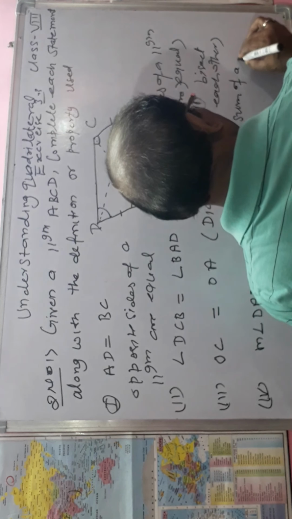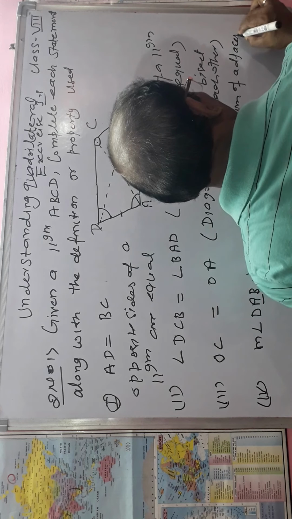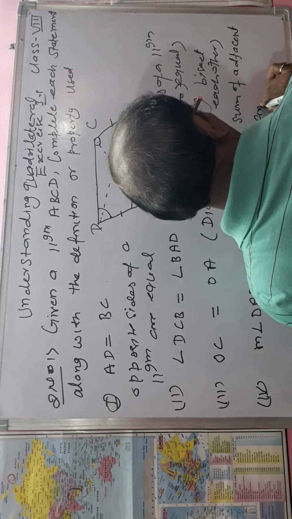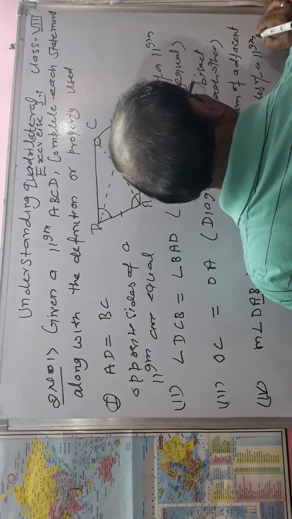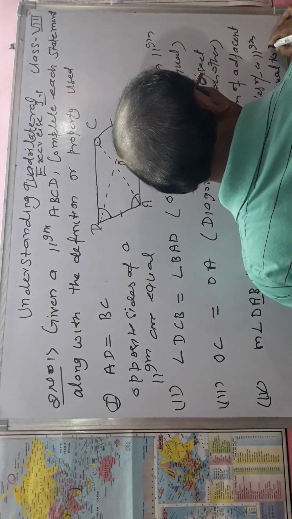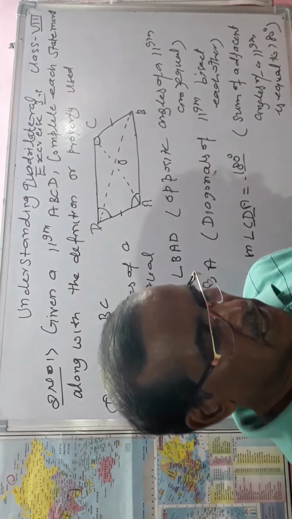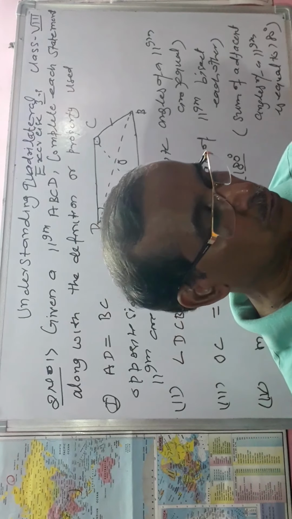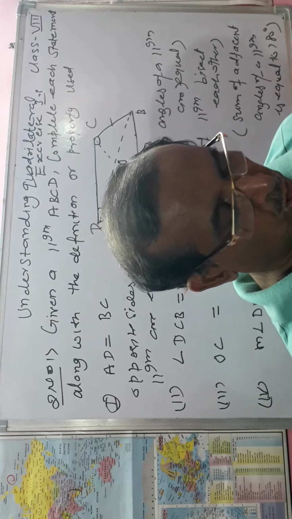Sum of adjacent angles of a parallelogram is equal to 180 degrees. The sum of adjacent angles is 180 degrees. So our first question is solved.